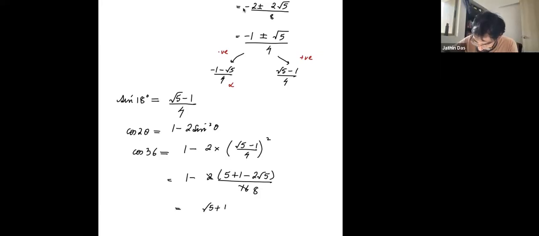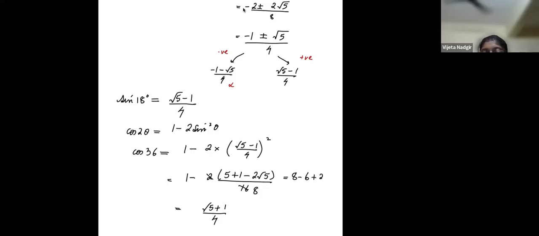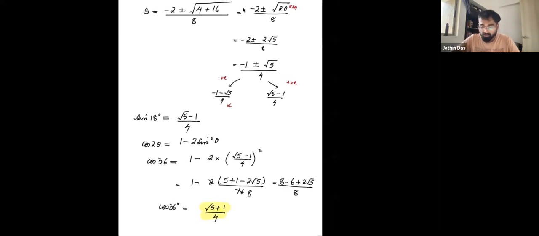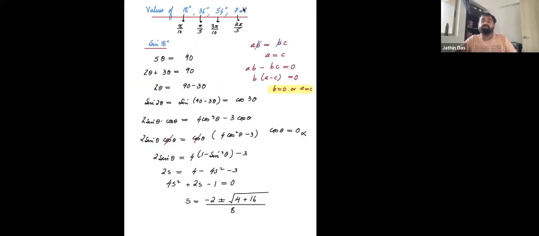You will get root 5 plus 1 by 4. Check, after simplifying. Correct? Cos 36 is. You wrote the other things? You wrote till here? No. That's why I'm telling you to write this. This method is important.